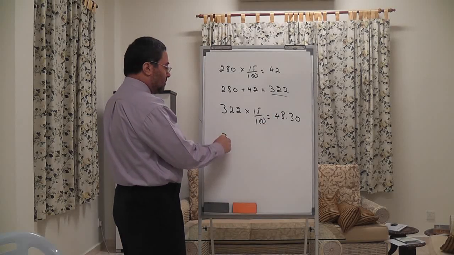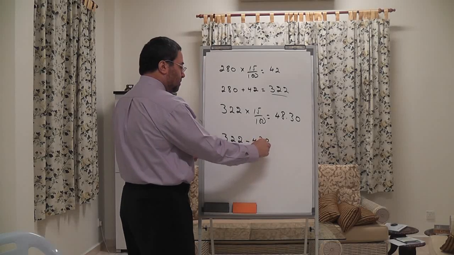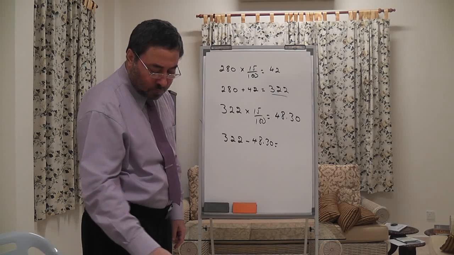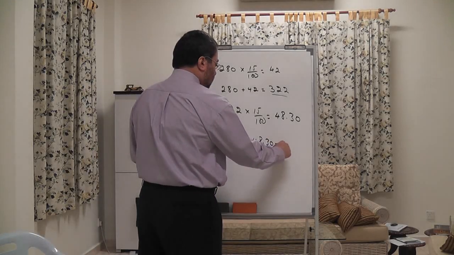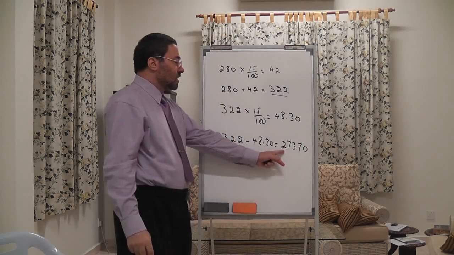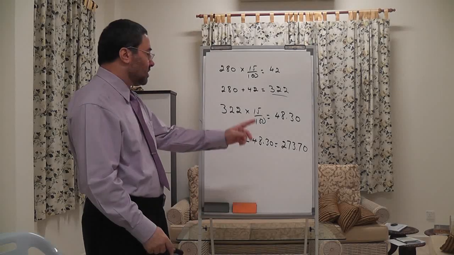So let's minus this from 322. And that's 273.70. So his final salary is 273.70.